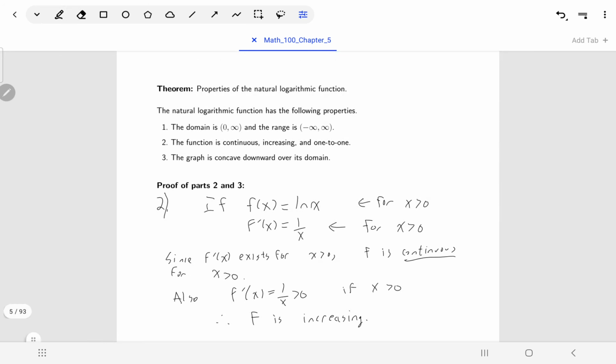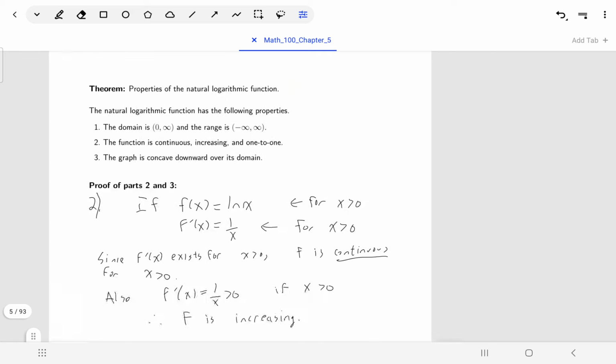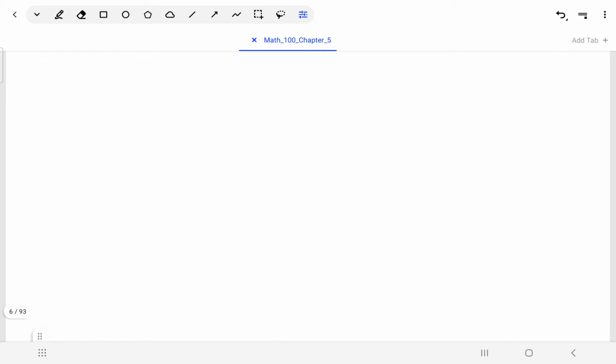So not too shabby. We've managed to show basically just by knowing that the derivative exists and what it is, that the function is continuous and increasing. 1-to-1 only takes a little bit of extra work. Remember that for showing that a function is 1-to-1, we would need to show that different inputs give you different outputs.